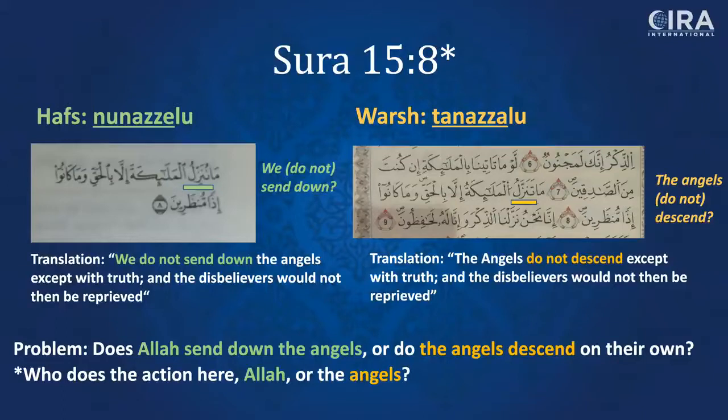Warsh reads it ma tanazzalu, speaking of angels, so it seems like the angels have the decision to make to come down. So who is the one that actually creates the action? Is it God himself or the angels themselves? Again, that could have a lot of theological implications concerning who is under which authority.